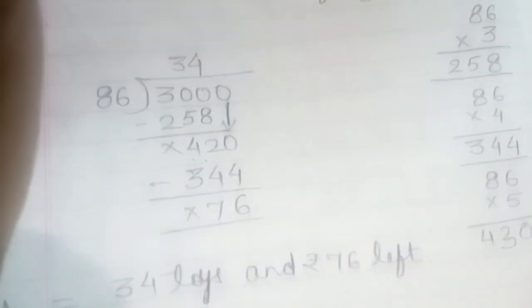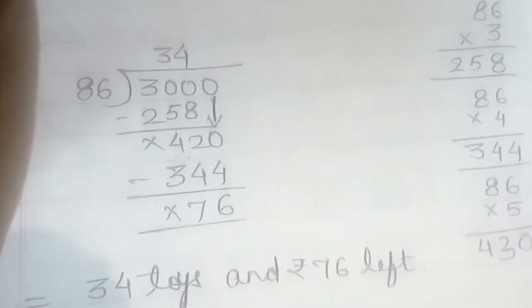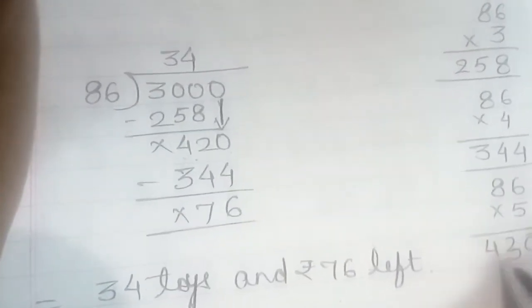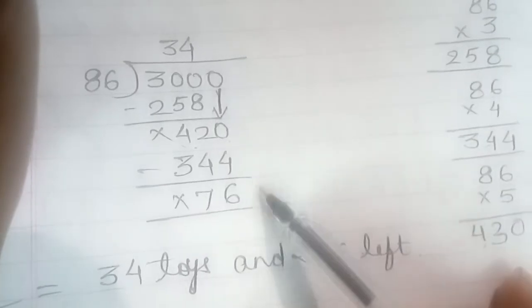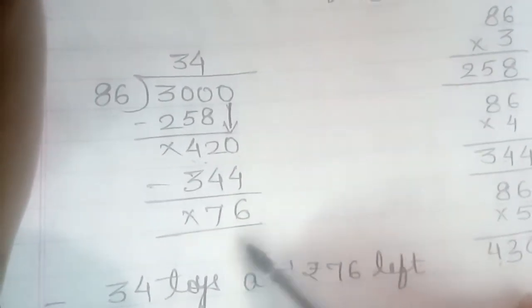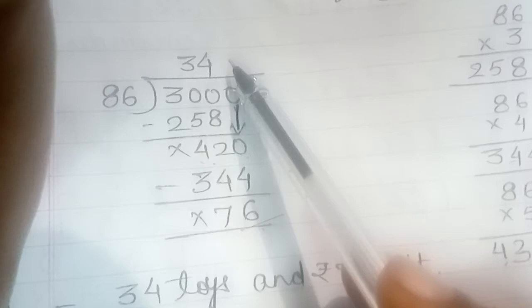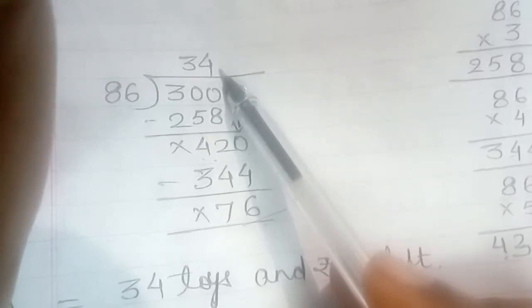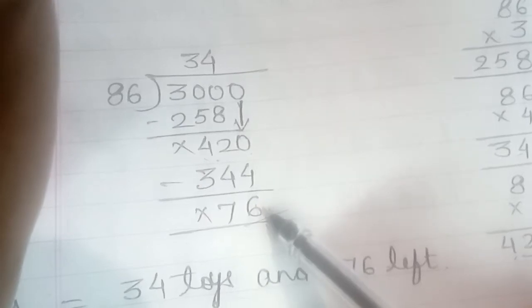You can see here I found 86 5s are 430, which is more than 420, so I will take 4s. 86 4s are 344, which I will subtract from 420, and we will get 76 as the remainder. It means in 3000 rupees the shopkeeper can purchase 34 toys and 76 rupees will be left with him.